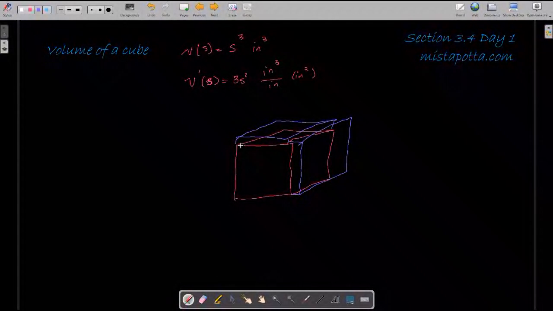And it's going to be increasing this way. In other words, the increase in volume is going to come from each of the three faces of my cube.